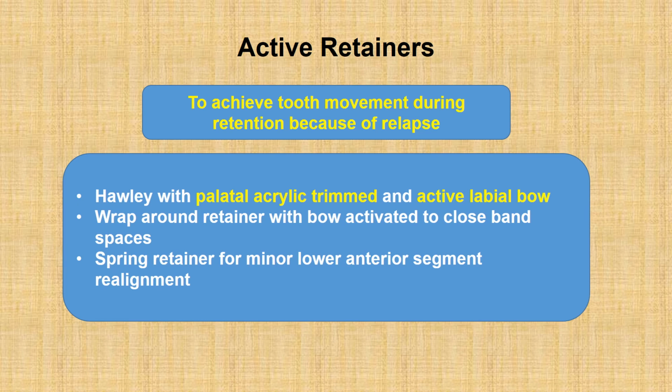A wrap-around retainer similarly can have its bow activated to close band spaces. Now, band spaces occur mesial and distal to the first molars if the first molars have been banded during treatment. And a spring retainer can also allow for minor lower anterior segment realignment.